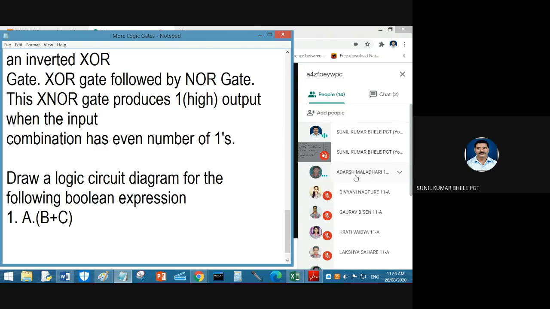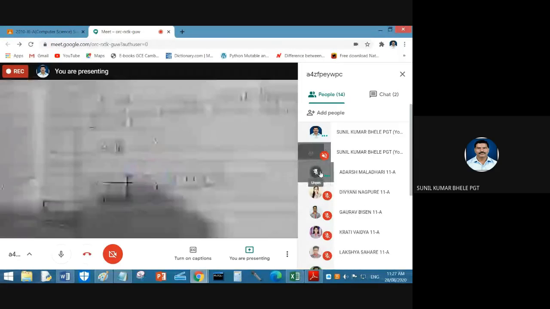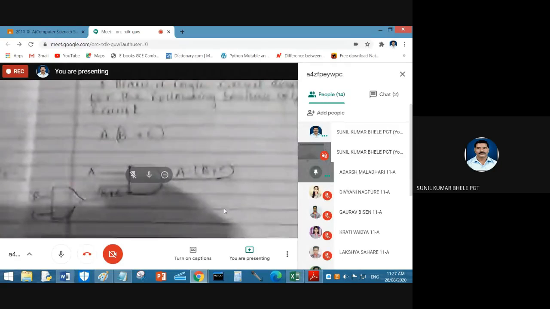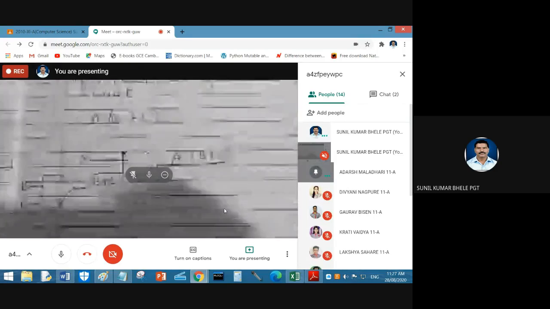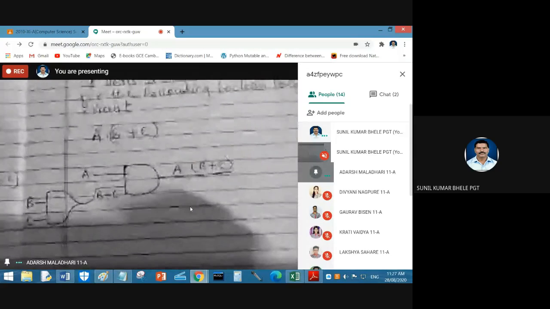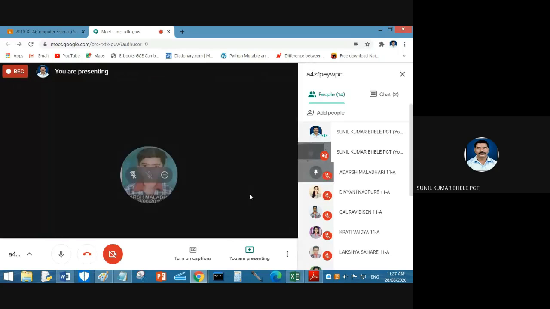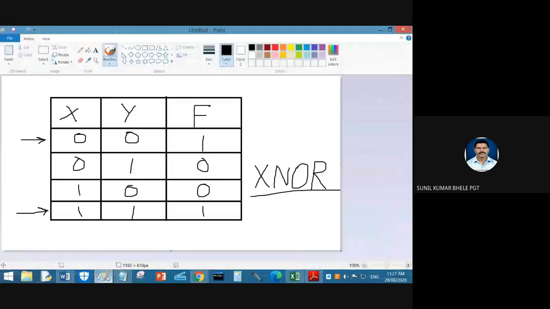Have you drawn that logic circuit for A dot B plus C in your notebook? Yes, sir. Show me your notebook. Let's see. Yes, very good, very good. Thank you. Yes, sir, I have seen. So Lakshya sir has drawn the logic circuit. I hope all of you have also drawn the same logic circuit.